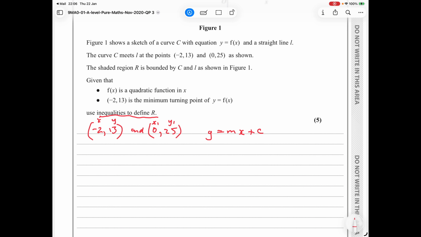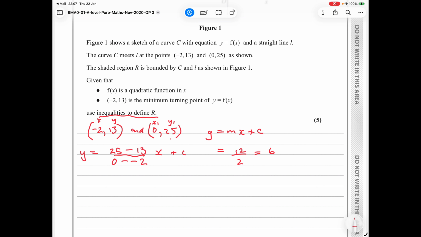So we can find the gradient by going y1 minus y over x1 minus x, so 25 minus 13 is 12 over 0 minus minus 2. So that's 12 over 2, because it's plus plus, so that equals 6.